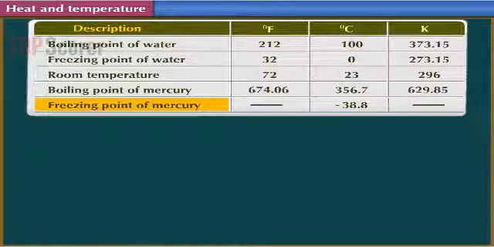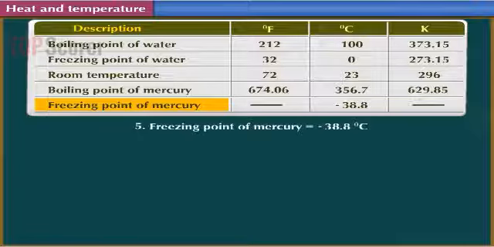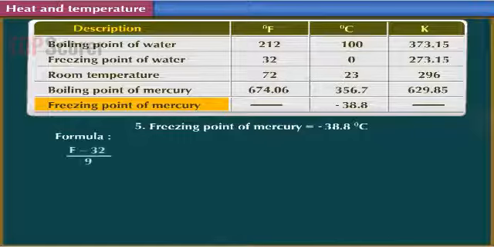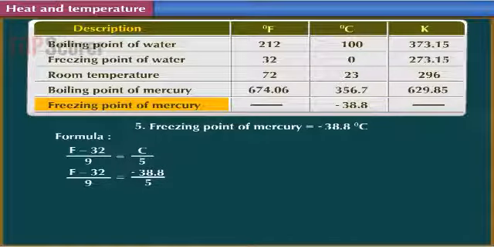Next is freezing point of mercury. 5. The freezing point of mercury is minus 38.8 degrees Celsius. Let us convert it into degree Fahrenheit using formula (F minus 32) upon 9 is equal to C upon 5. Thus, (F minus 32) upon 9 is equal to minus 38.8 upon 5.